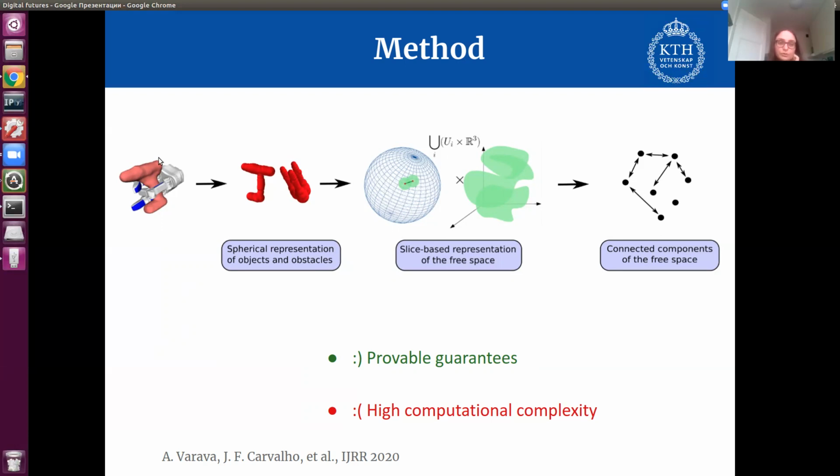So here we were working with 3D objects moving in 3D space. But if we allow any kind of additional flexibility to the object, so for example, if we assume that the object that the robot is working with is deformable, then the computational complexity will be even higher. So purely analytical approaches are not sufficient here to solve this problem completely.